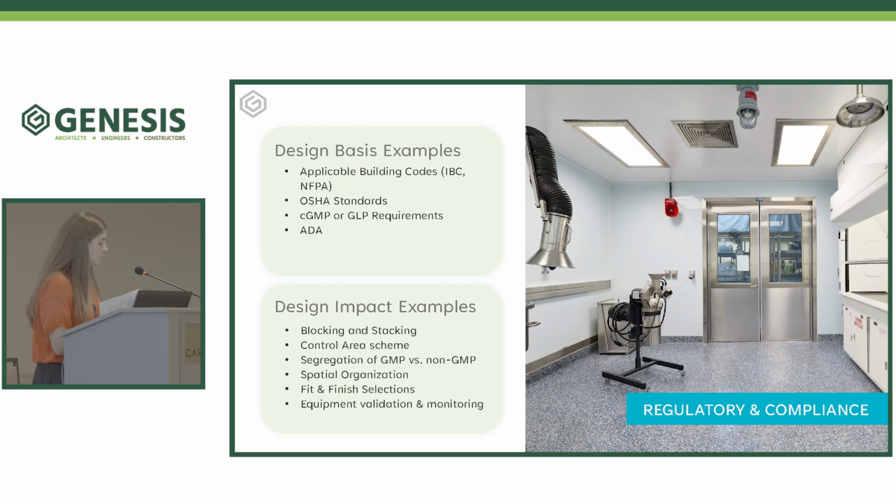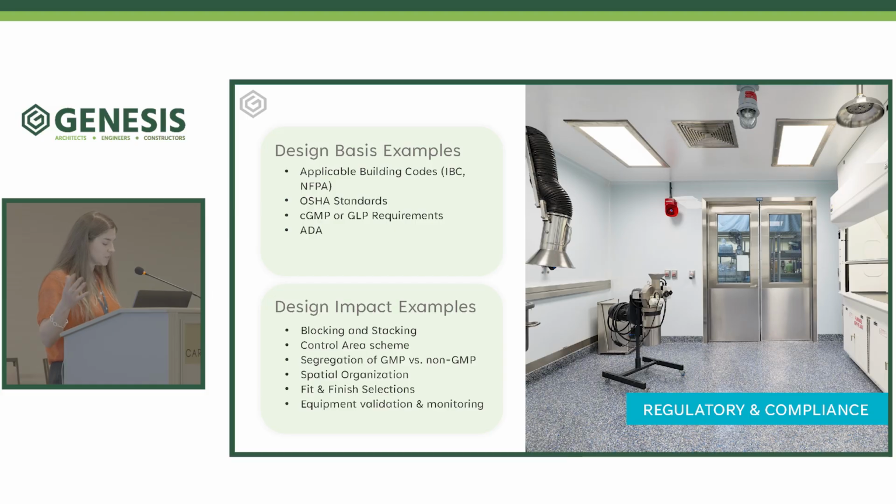So within the regulatory and code compliance realm, this category encompasses the codes and standards that may be established by our federal and state bodies. Identifying this framework at the very beginning is critical, as building code-driven criteria informs project basics like construction type, occupancy, allowable height and area, and considerations for allowable quantities of hazardous materials as well is something to identify and understand early.